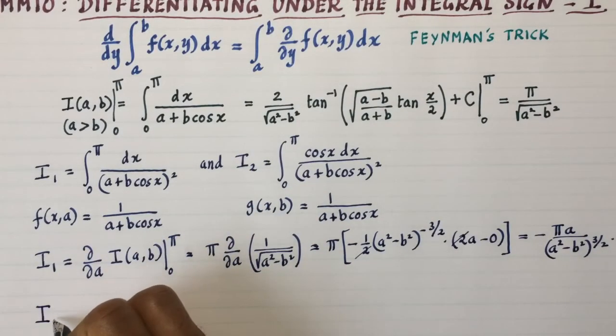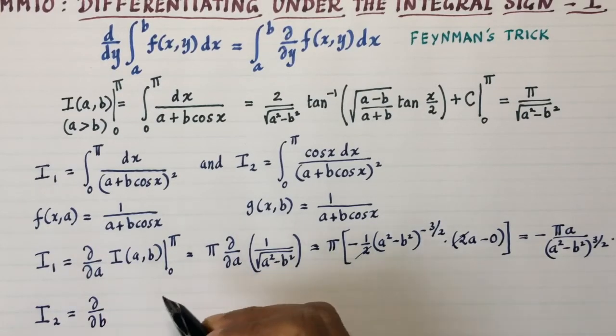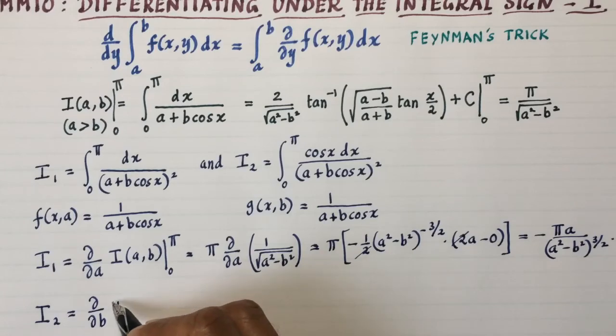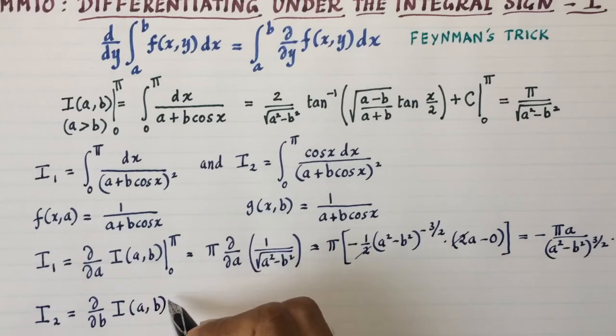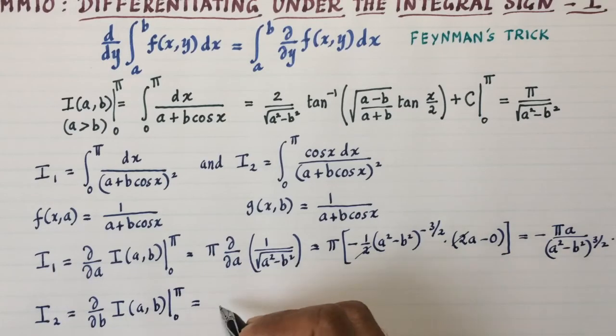It's pretty efficient. I2, by the same token, is del by del b of I of a comma b from 0 to pi, and this time, instead of differentiating with respect to a, I will differentiate with respect to b.